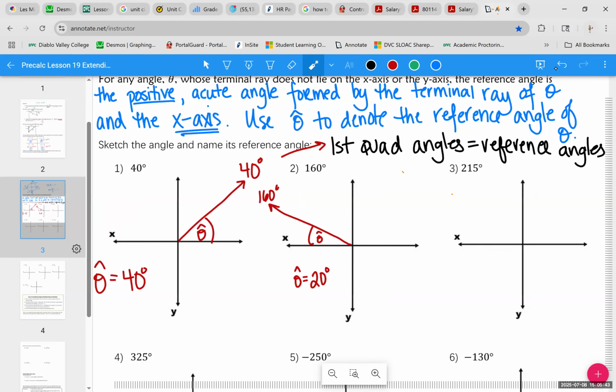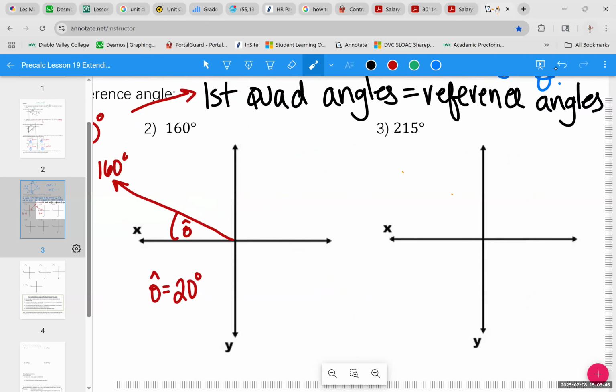So let's try 215. Where does that angle land? So this is 180, this is 270, so it must be in between there somewhere. So here's my 215, right? I could label it like this, but then that gets a little cluttered when I'm trying to show where my reference angle is. Oh, I erased the whole thing. Not meant to do that.